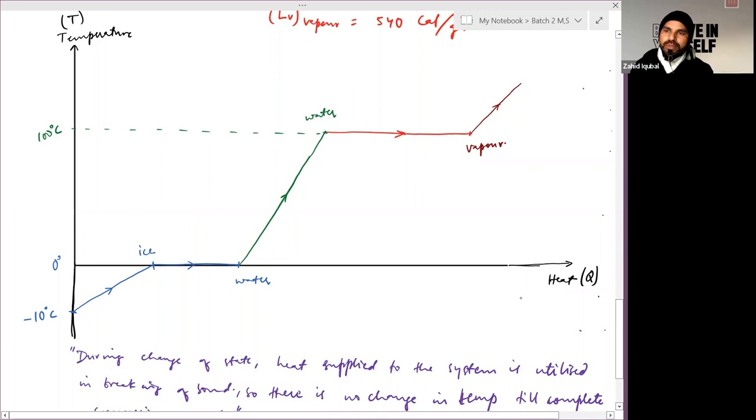Which will cause more severe burn, boiling water or vapor at same temperature? Let me define using this particular graph. Good, Sakshi. Just draw a vertical line at this point and a vertical line at this point.